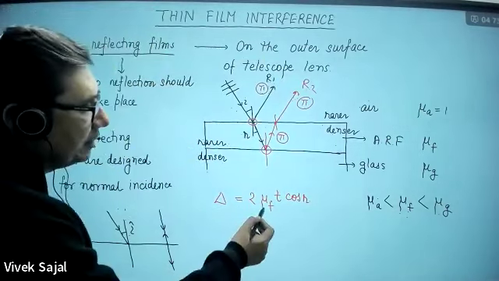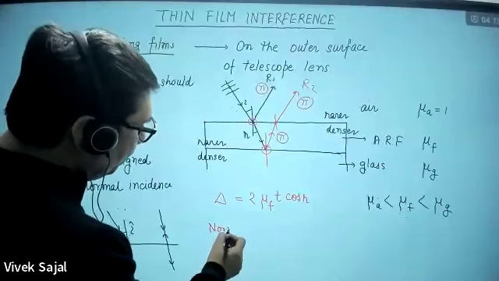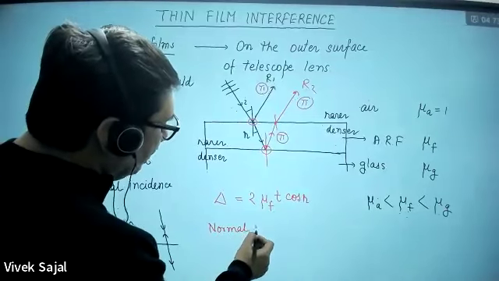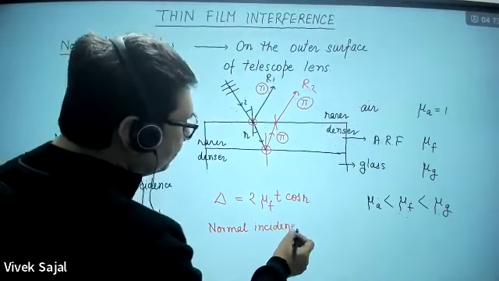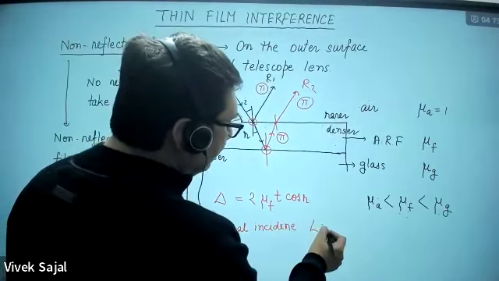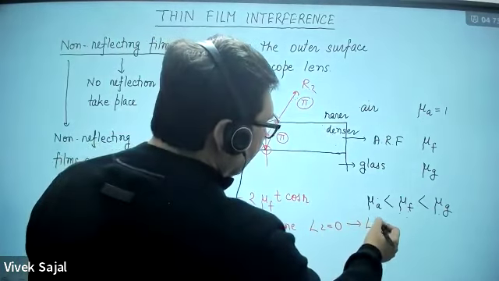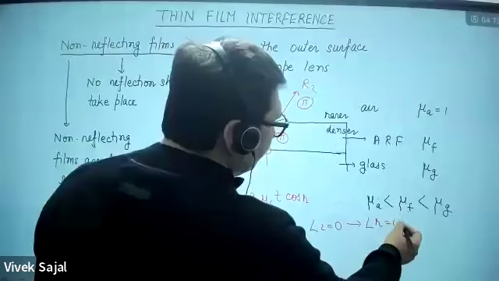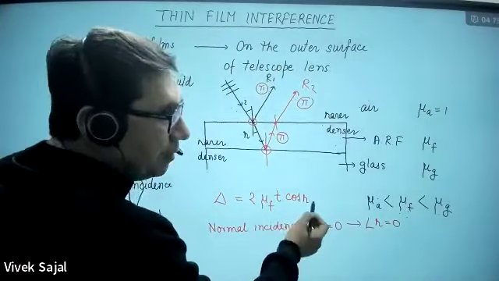For normal incidence, angle i will be 0, and from Snell's law, angle r will also be 0. So cos 0 will be 1.